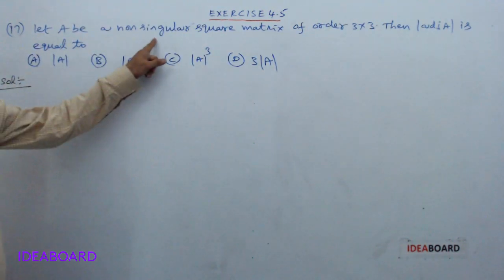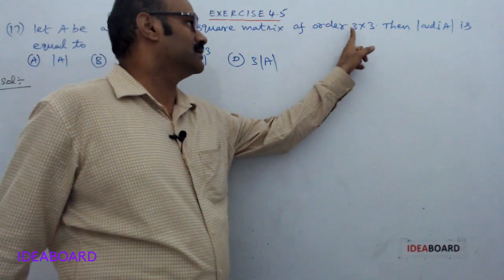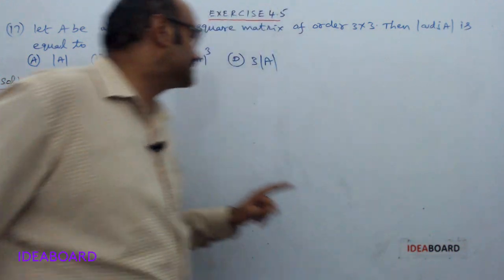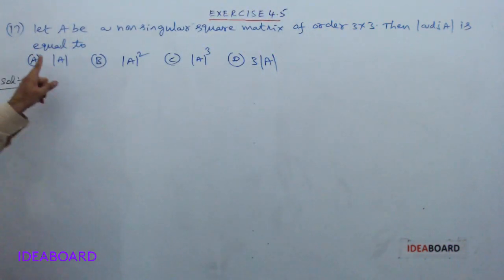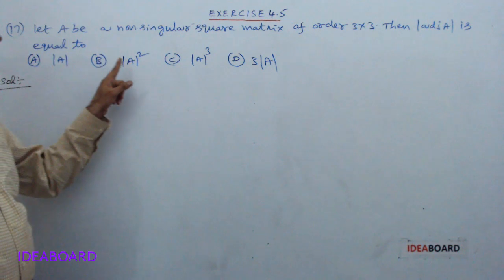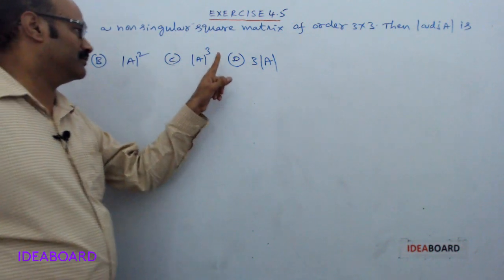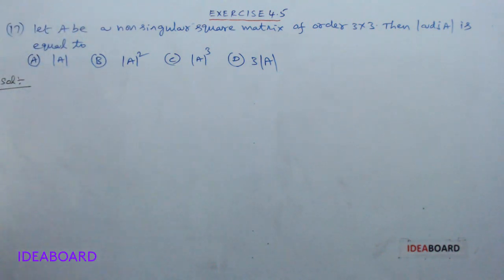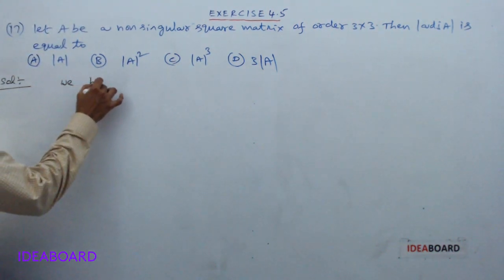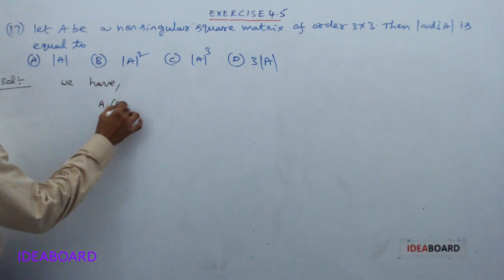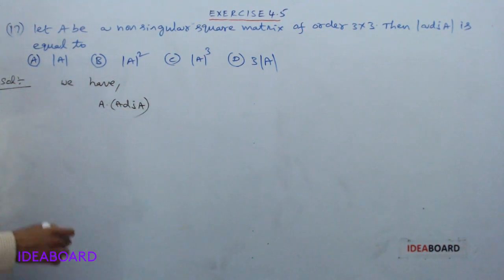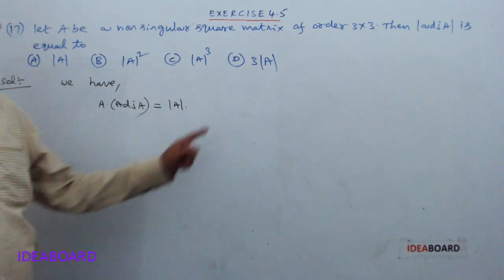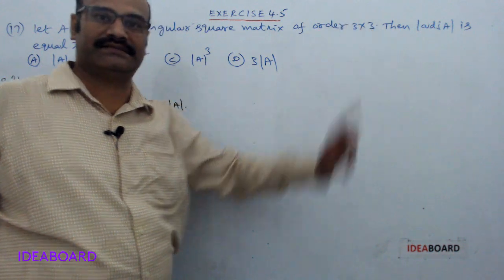Let A be a non-singular square matrix of order 3 by 3. Then determinant of adjoint of A is equal to: A, det A; B, det A square; C, det A cube; D, 3 into det A. We have A into adjoint of A equal to det A into I. It is given by a 3 by 3 matrix.